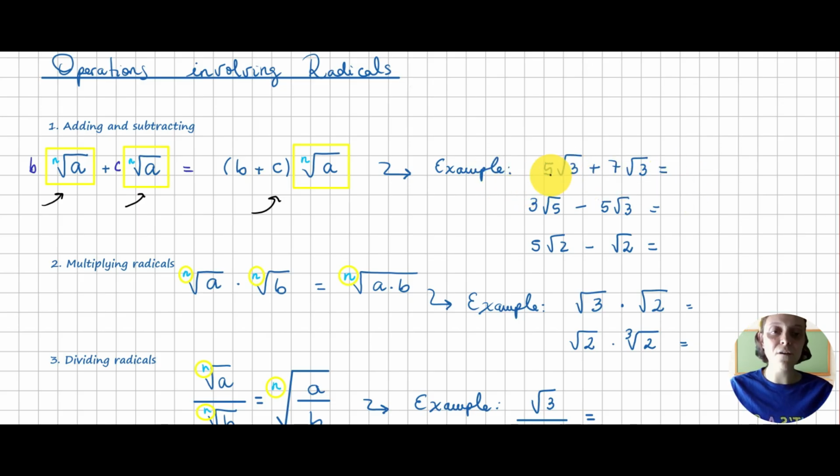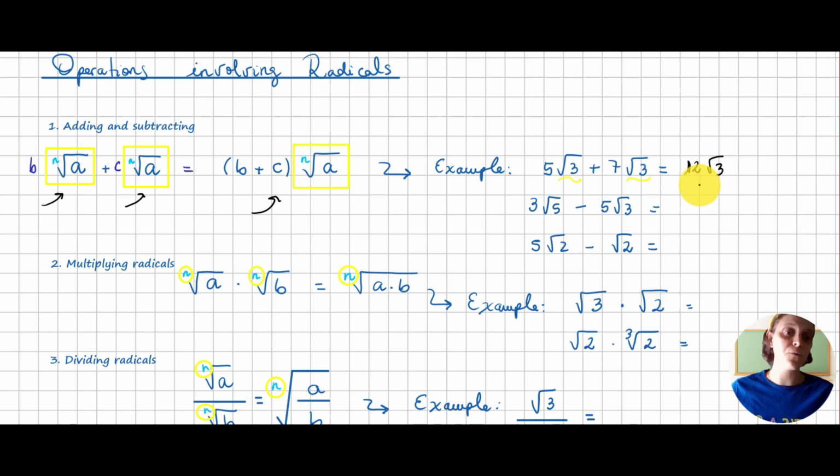We have 5 root of 3 plus 7 square root of 3. So we see right here that both roots are exactly the same. So we can operate with them by adding them, okay? So it's like having 5 apples plus 7 apples, okay? So if we add these two, we get our result, which is 12.